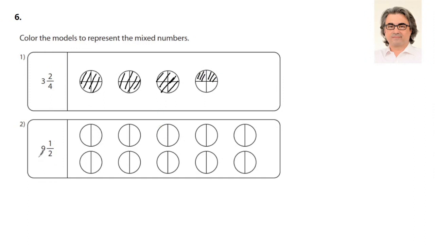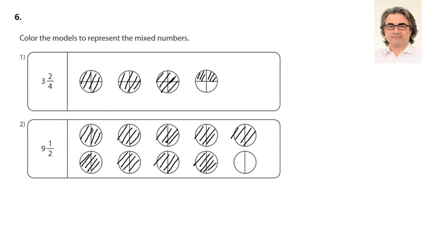I should color all 9 circles like this. 1, 2, 3, 4, 5, 6, 7, 8, and 9.